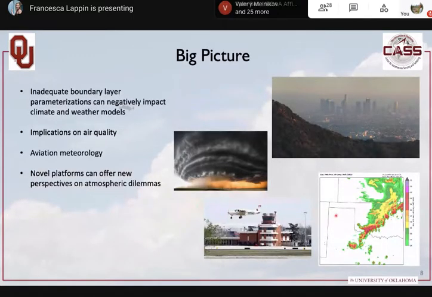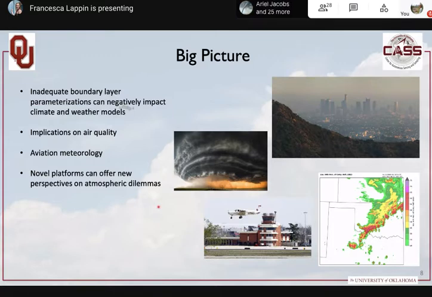So if we zoom out and underscore why we want to know more about the boundary layer, it's because it transcends almost all sectors of atmospheric science. For numerical models, boundary layer parameterizations, if they aren't representative of the environment, will hinder climate models, weather models, and convective models. The boundary layer has implications on air quality.